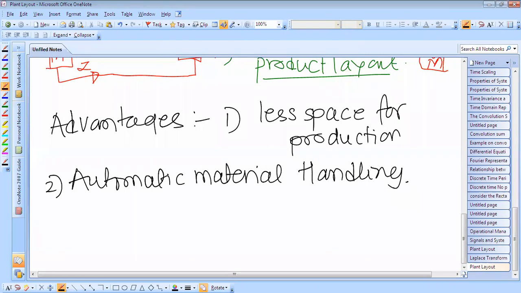Automatic material handling is there, so we can save material handling movement, time and cost.